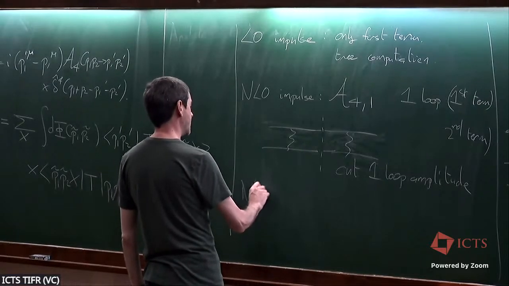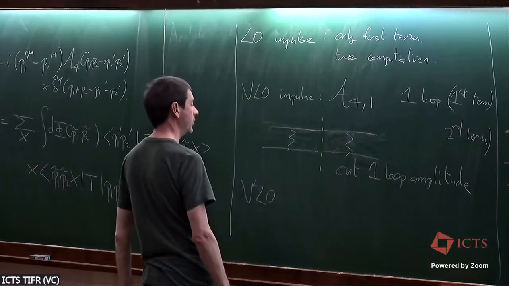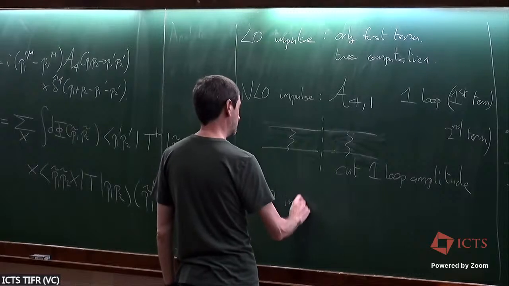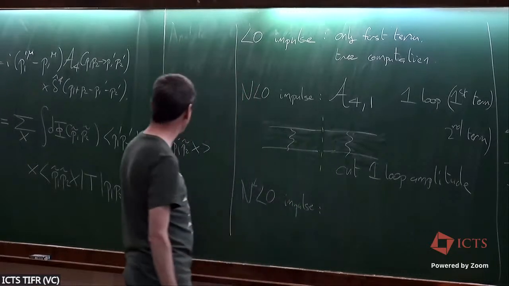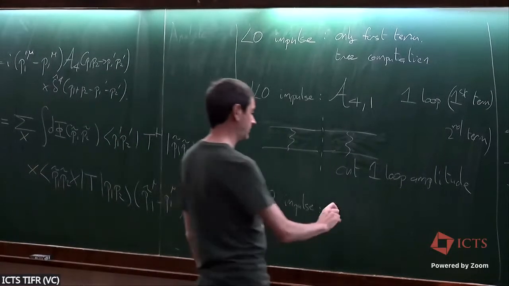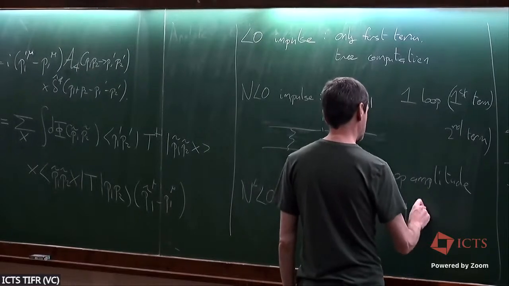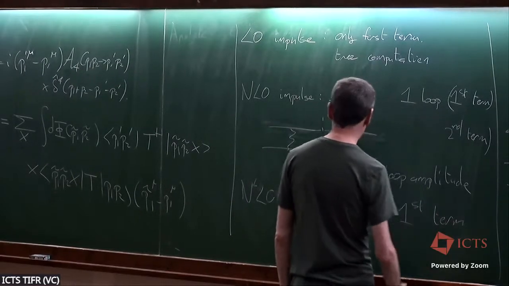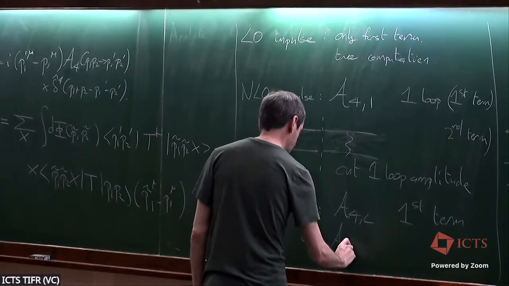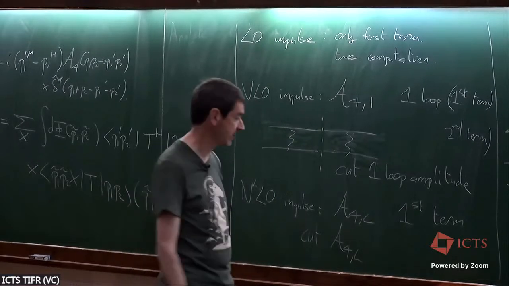Then if I were to go to higher orders, let's say next to the L orders beyond leading order, well, then the ingredients would be an L loop amplitude from the first term. And in the second term, you will get, again, maybe amplitudes technology, which I haven't defined, the cut of a 4-point L loop amplitude.